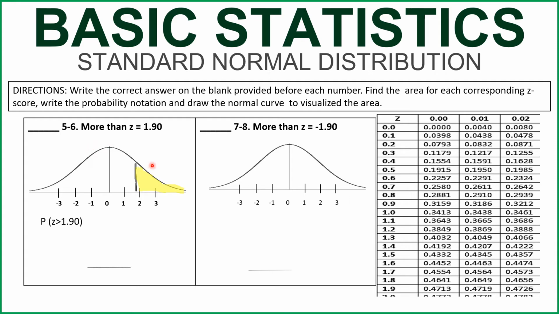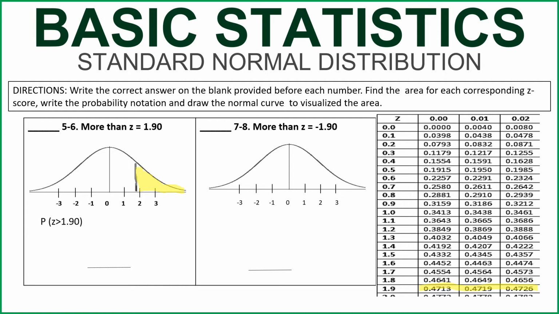Now, our problem, or the question, is how do we get the area of this? Like earlier, let's first find the area of 1.90 by looking at the z table. The first two digits are 1.9. So, where is 1.9? This is our 1.9. Then, let's shade the values at 1.9. And then, the third digit is 0.